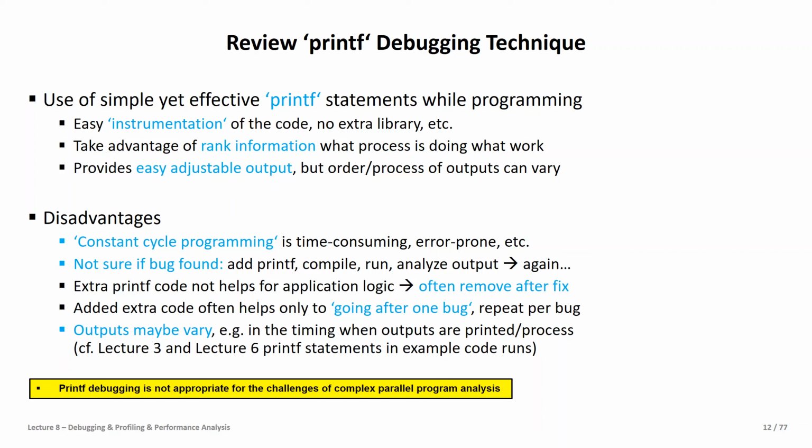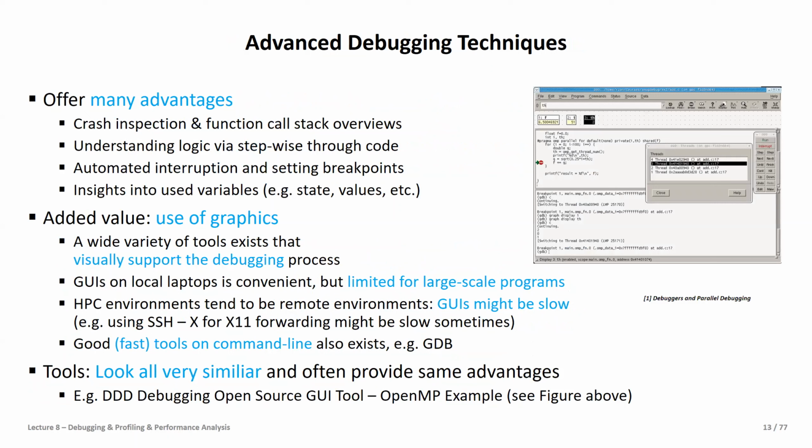And with this, we see more and more the motivation of why we need tooling for this. It is really not appropriate in the end to do printf debugging when you have really high-scale codes. Hence, we need some technologies which are, let's say, so-called advanced debugging techniques. And of course, this is also something we partly still share with the serial computing community, so with people that do Java and typical processes where you can debug.